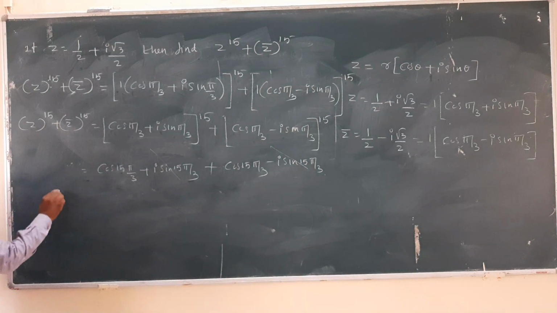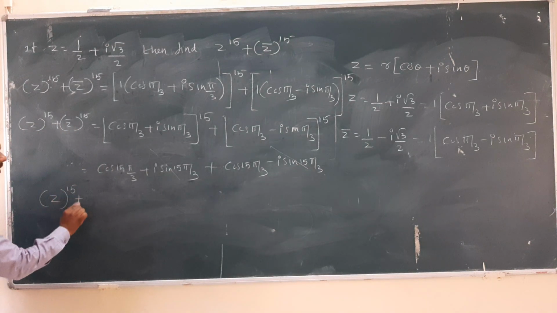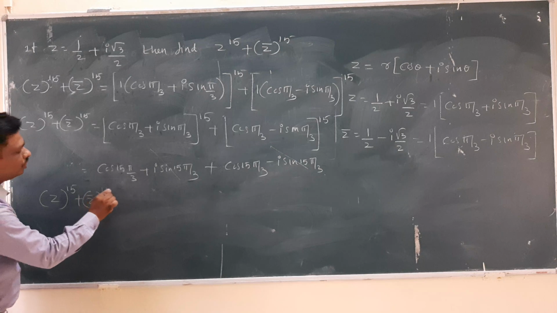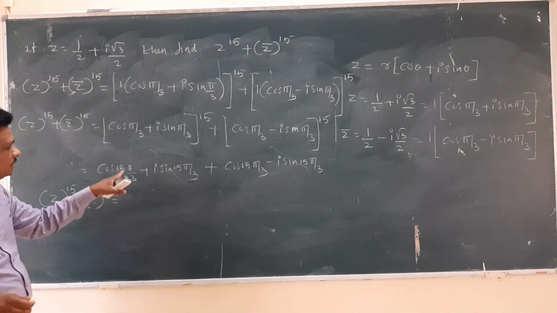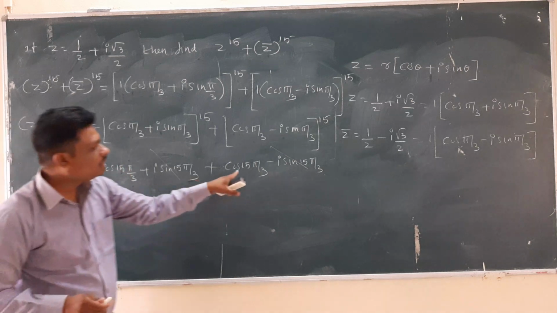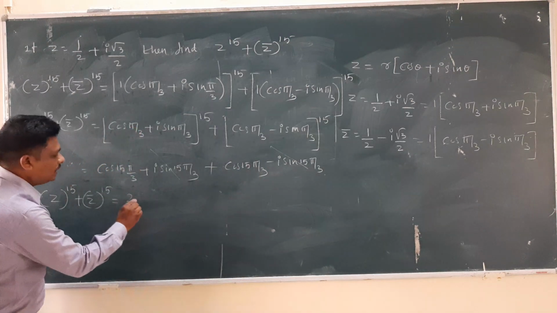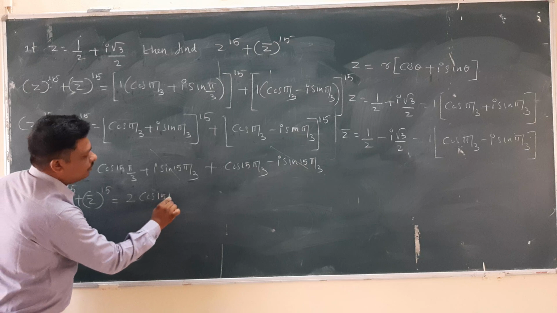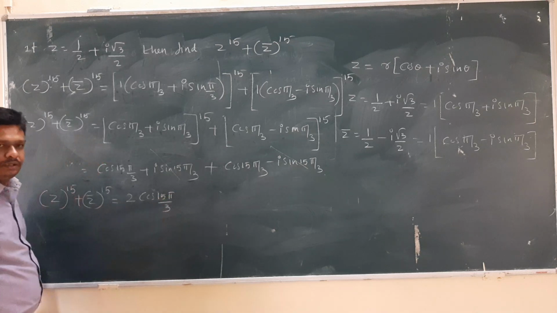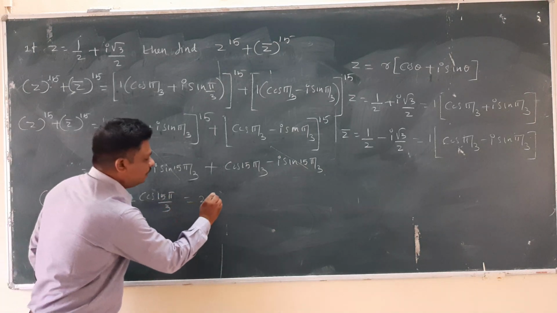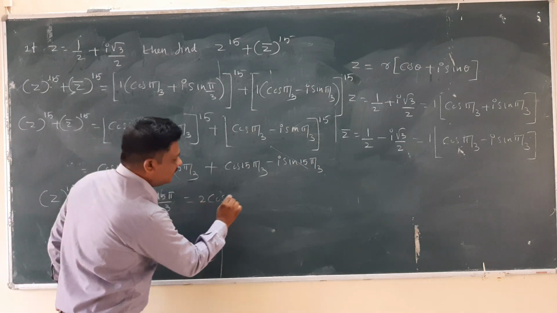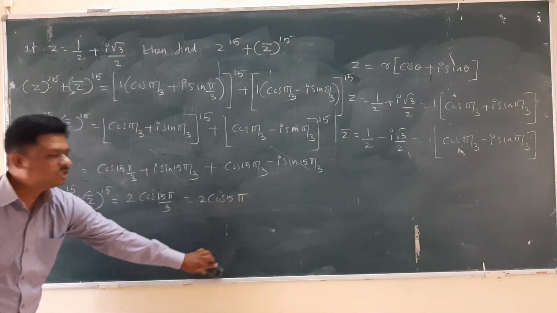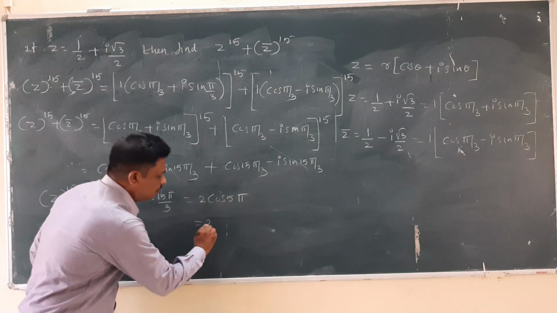So therefore z to the power 15 plus z bar to the power 15 is cos 15 pi by 3 plus cos 15 pi by 3, which becomes 2 times cos 15 pi by 3. So this equals 2 into cos, 3 fives are 15, so here I will get cos 5 pi.